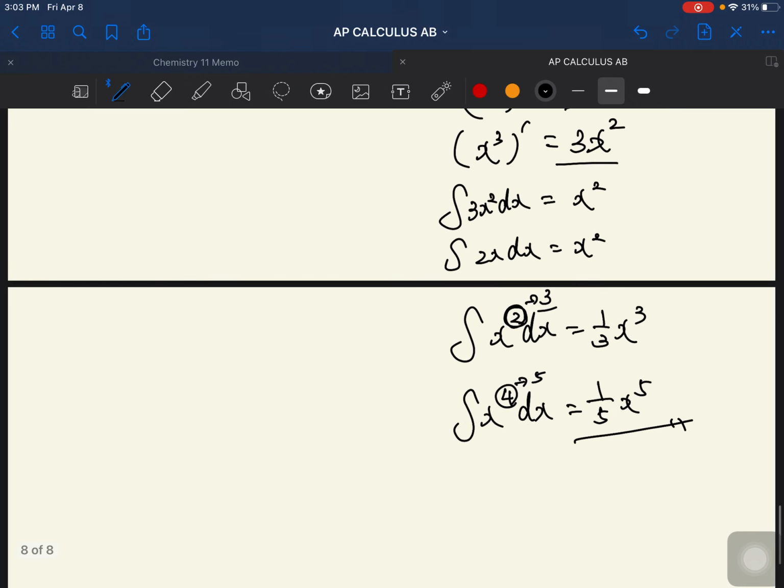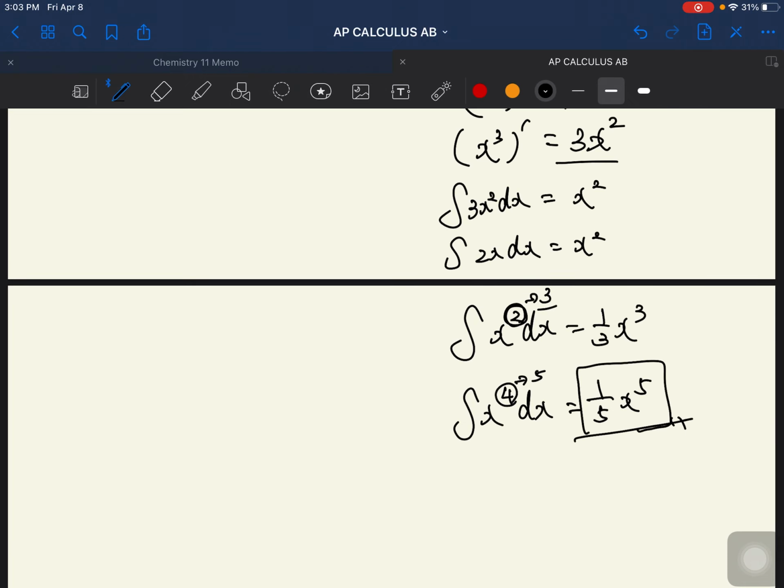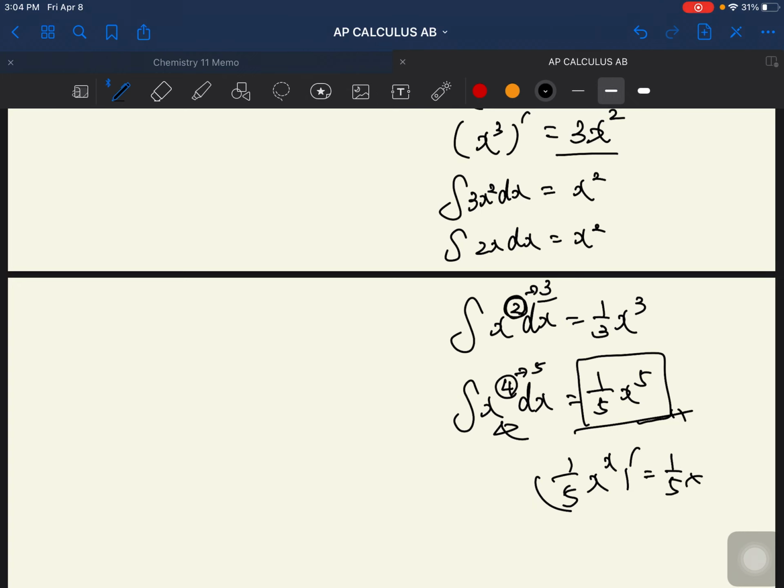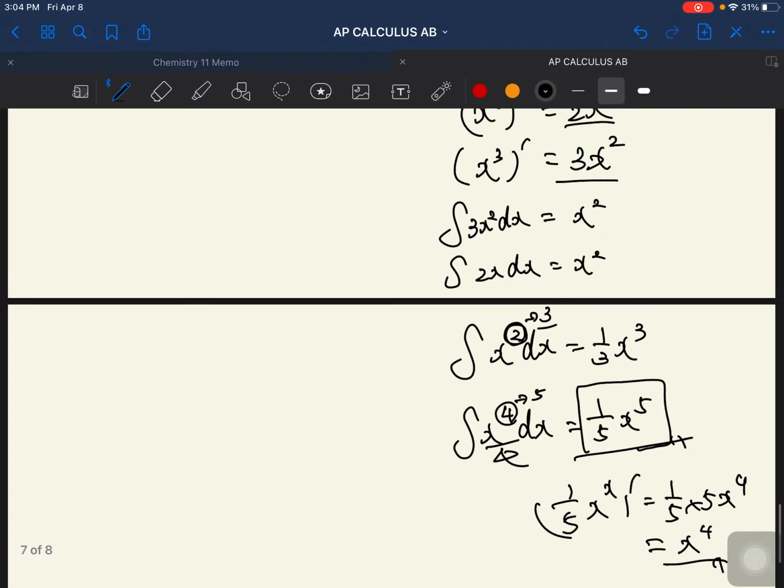You can make sure: if you find the derivative of this one and it becomes this function, then the calculation is correct. The derivative of this is 1 over 5 times 5 times x raised to 4, which is the same. So this calculation is correct.